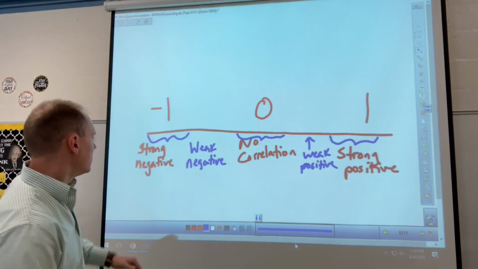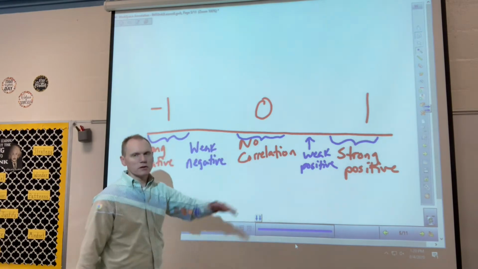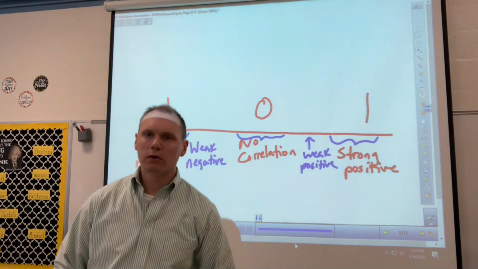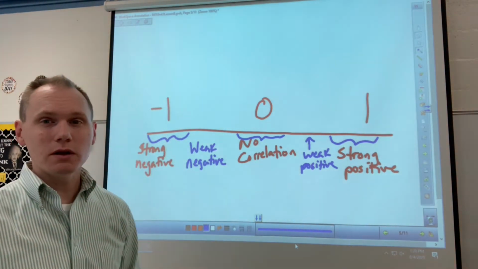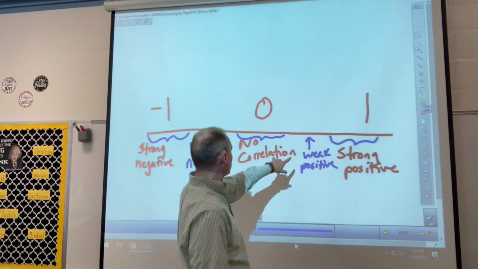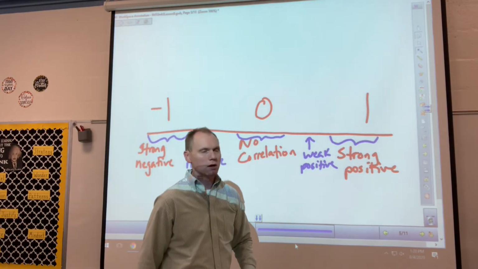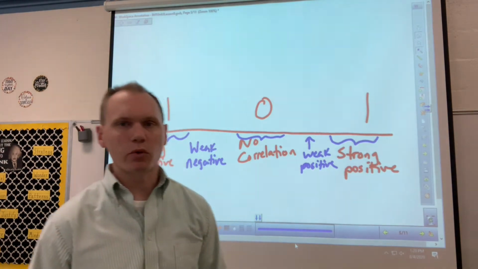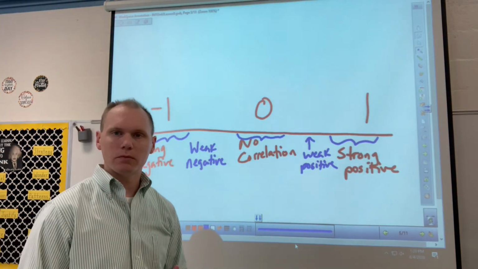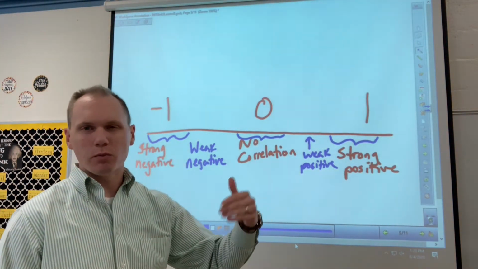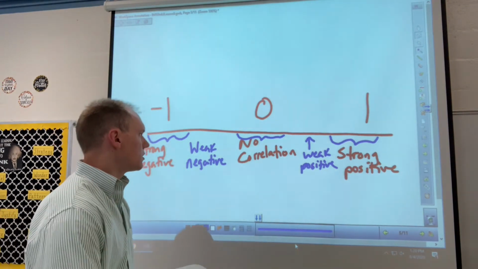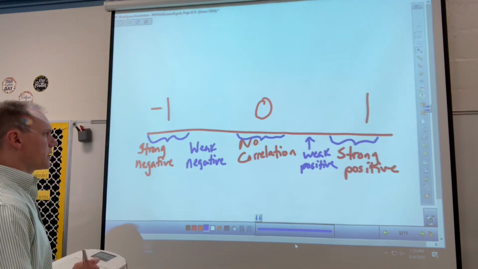Again, there's not necessarily strict cutoffs to these. I would say anything less than 0.3 would be no correlation. Anything above 0.3 but less than like 0.7 could be a weak correlation. Anything above 0.6 or 0.7 might be a strong correlation, that kind of thing.